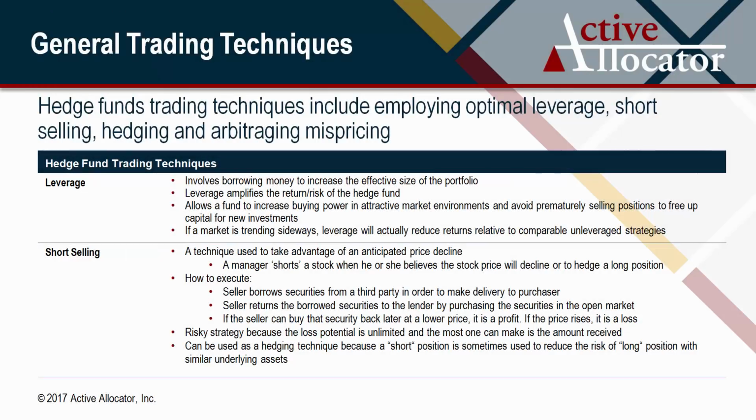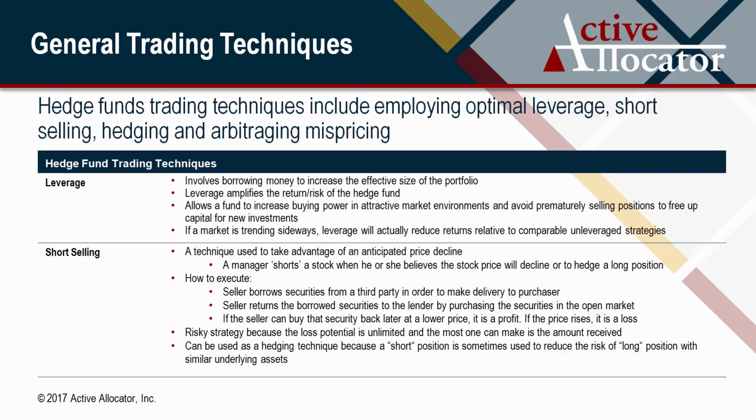Leverage is about borrowing money to increase the effective size of the portfolio, or purchasing securities on margin, or synthetically gaining exposure through futures or options contracts. When the return of the underlying asset is higher than the borrowing rate, leverage offers a much higher return.